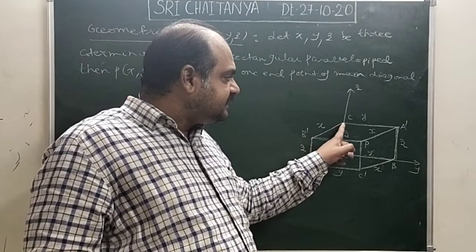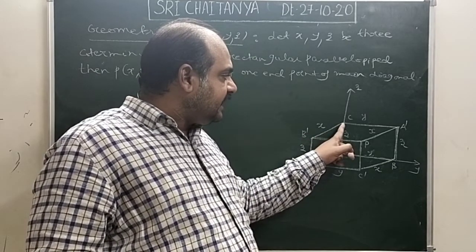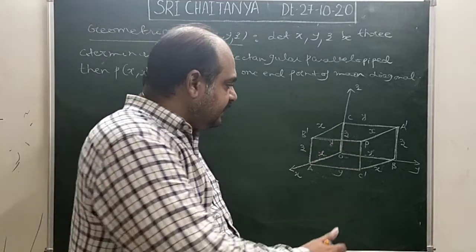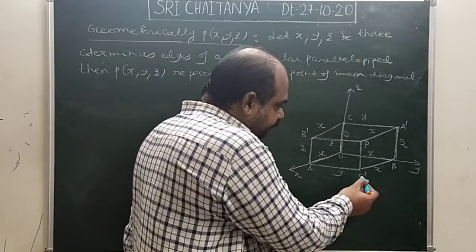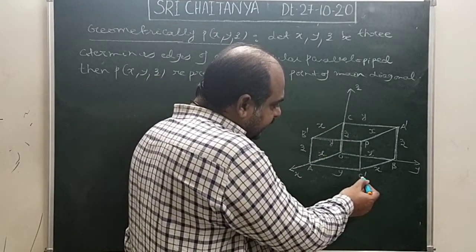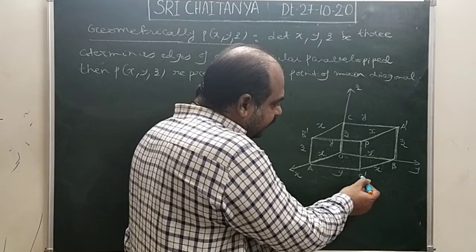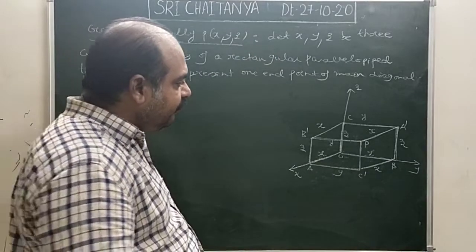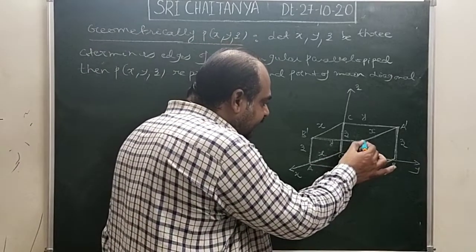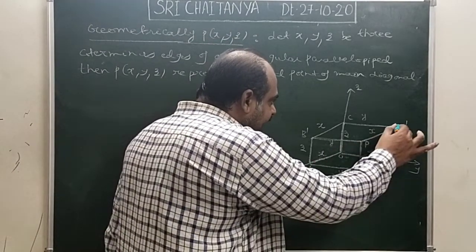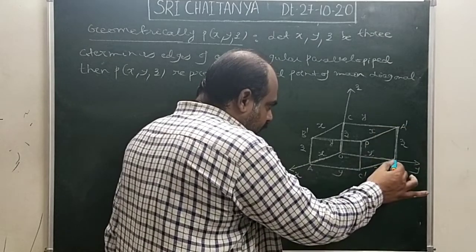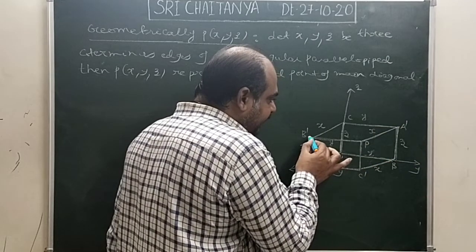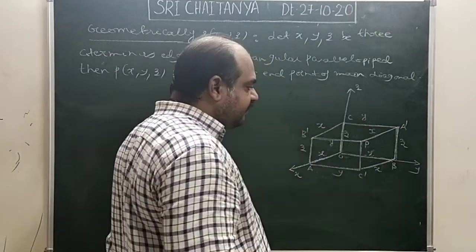So this C is there. Look at here. C dash is there. In the ground floor, you have taken one point C. Connect to the opposite point. So OP is one main diagonal. AA dash is one main diagonal, BB dash is one main diagonal, CC dash is one main diagonal.